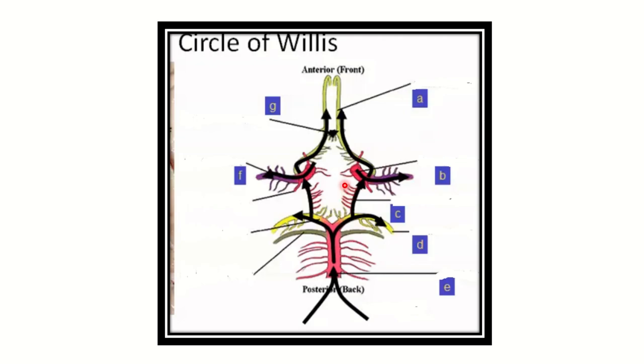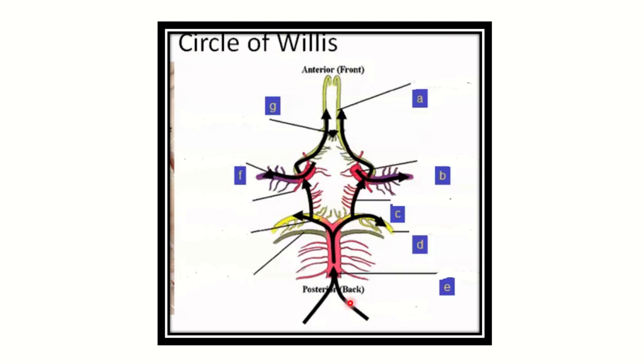Then thirdly, in the same direction, we can see the blood comes from the basilar artery or from the internal carotid artery. The basilar artery supplies the posterior segment of the brain. On the other hand, the internal carotid artery gives branches and supplies the anterior segment of the brain.